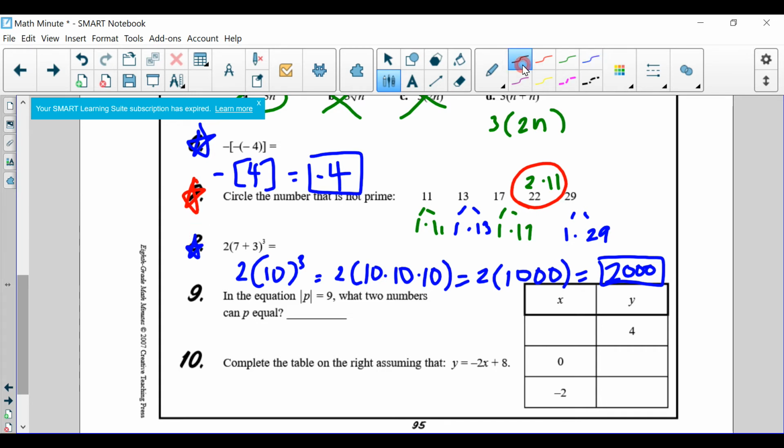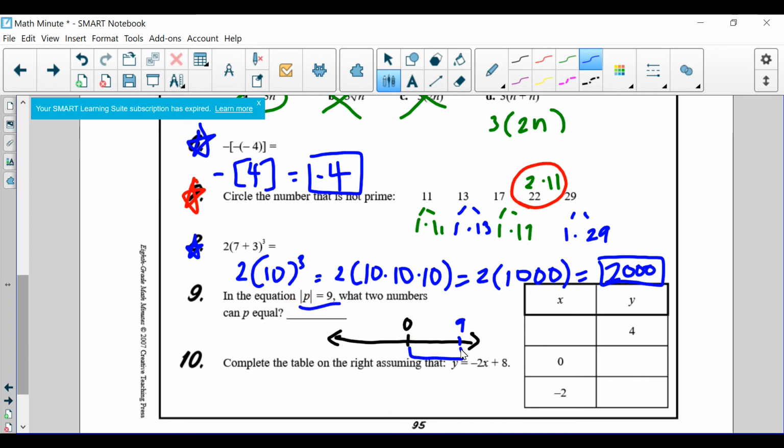All right, number 9. Number 9, it's saying in the equation, what are the two numbers that P could be equal to? So remember, absolute value means how far is something from 0. So we know that the absolute value of a number is 9 because that's what they're telling us. So how far is 0 from 9?